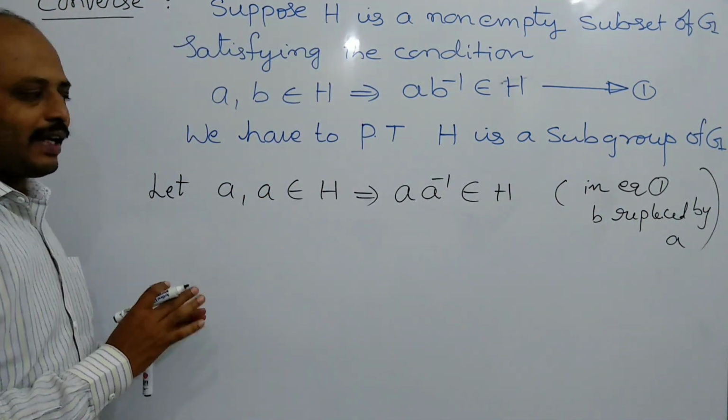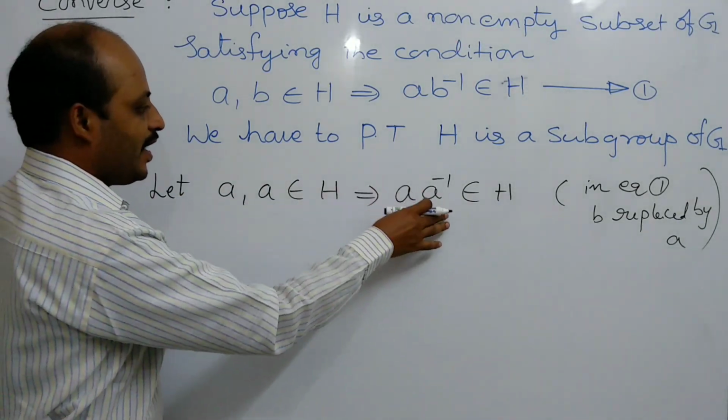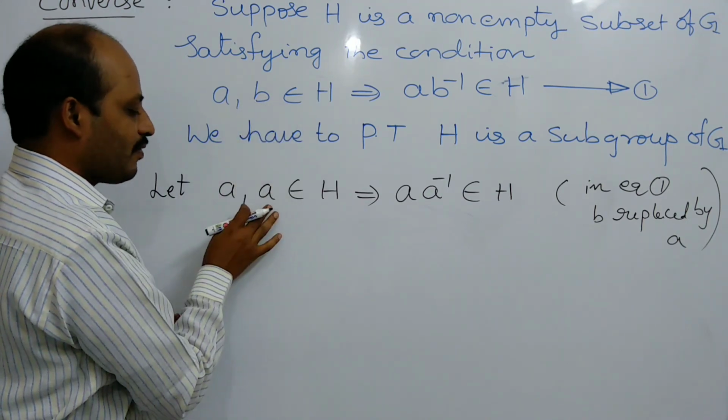You observe what I can do. A, B belongs to H implies A into B inverse belongs to H. We replace the B element with respect to the A element.